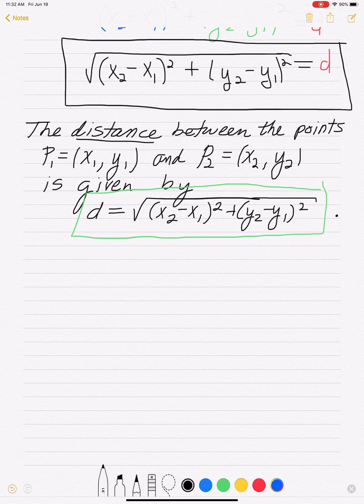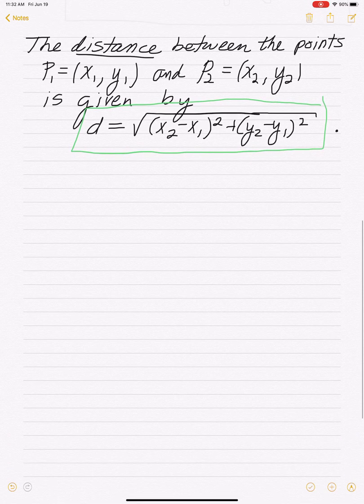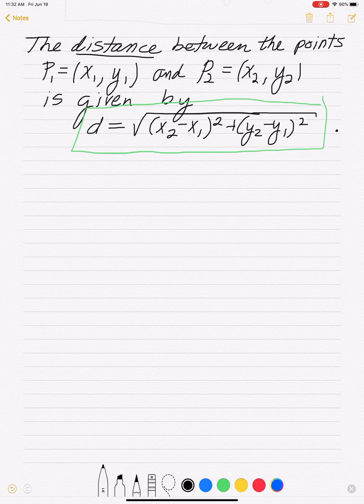All right, so we also want to look at the idea of what is the midpoint. So we got the distance formula. Now we want to look at a midpoint. So let's go back. Let's say I got P1 is x1, y1, and P2 is another point, x2, y2. And let's say we join these together.